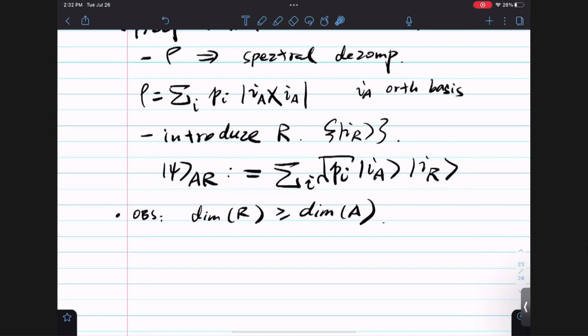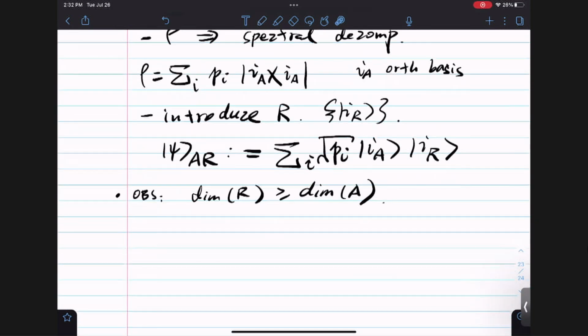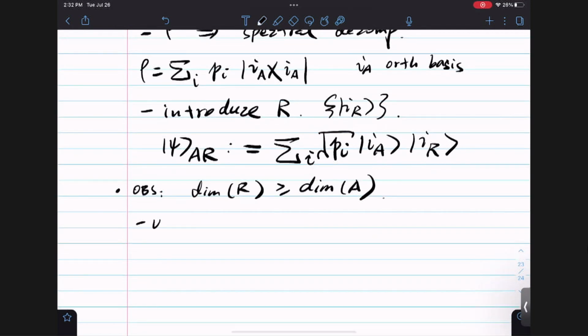Suppose I apply some arbitrary unitary on the reference system. Does that change anything on the reduced density on the A system? It doesn't. That means we have flexibility on how to purify the state. And this is an interesting property, which is, all the purifications, they're equivalent under some local unitary operation.